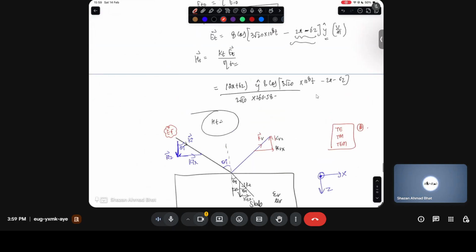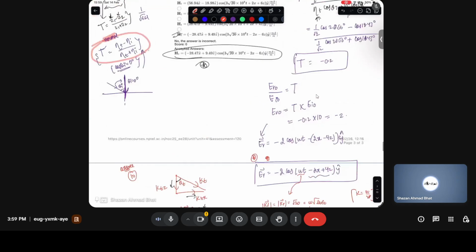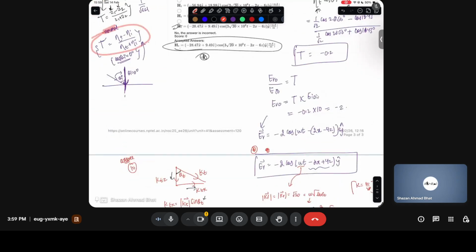So you see that what we got as a final solution was this thing. So the transmitted magnetic field, that means in this particular electromagnetic wave inside the slab, there's a magnetic field, but that magnetic field is oscillating in the y direction. This is x, this is z, this is y.